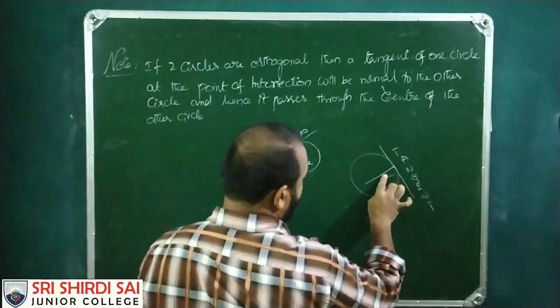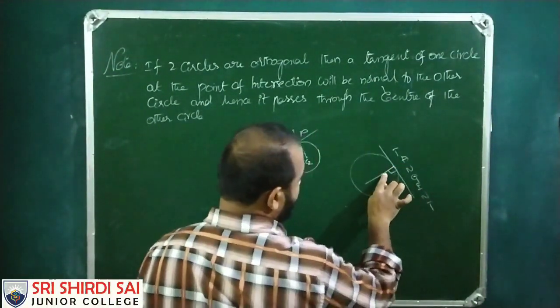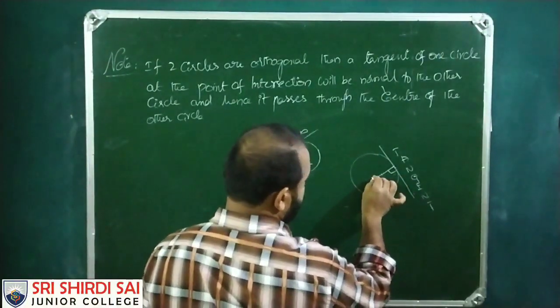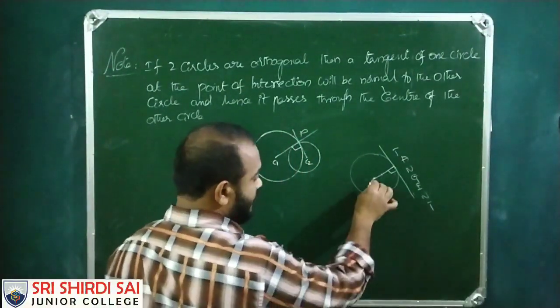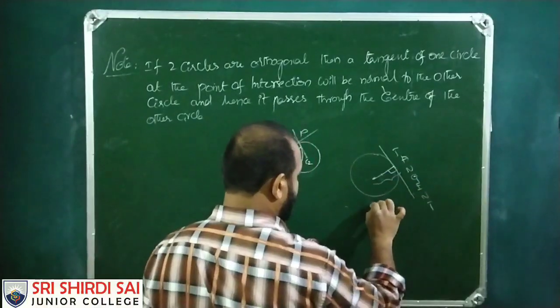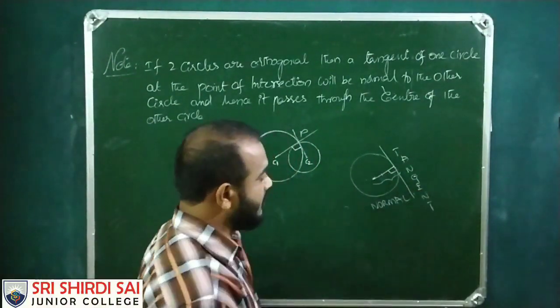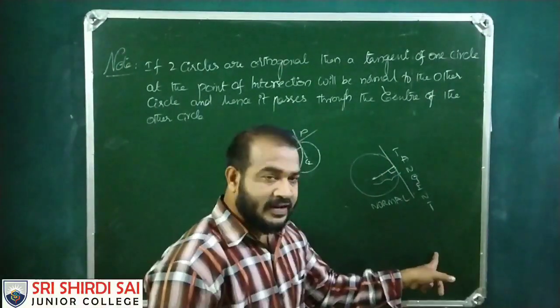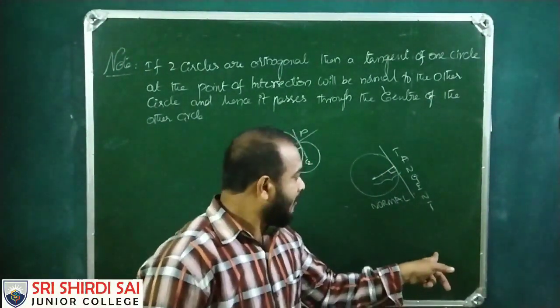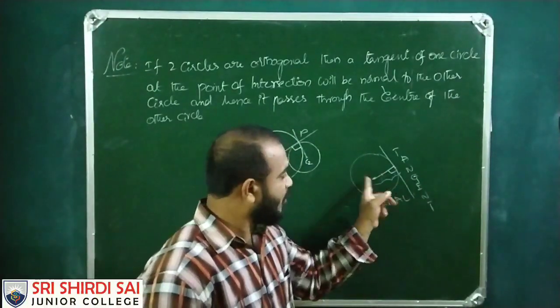Normal is always perpendicular to the tangent and passing through the center of the circle.